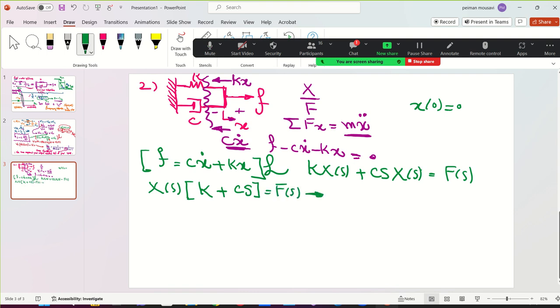Or we got that closed loop transfer function x over F equals 1 over k plus cs.